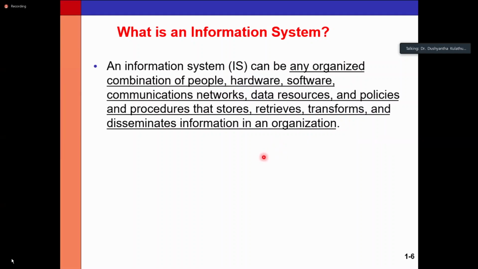That is the boundary for the particular system, but there can be other information systems like enterprise resource planning systems, which may have an expanded boundary connecting an organization with external parties as well.